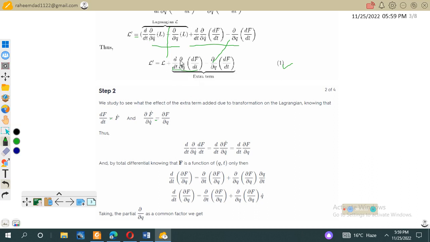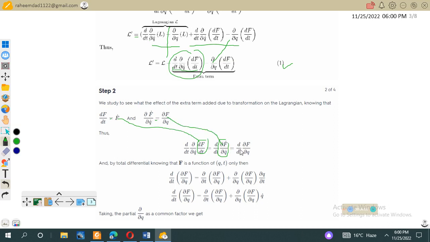So let's see: d over dt of partial q dot of df over dt. We know that df over dt is equal to f dot, so this term will be d over dt of partial f dot over partial q dot, and we also know that partial f dot over partial q dot is equal to partial f over partial q.